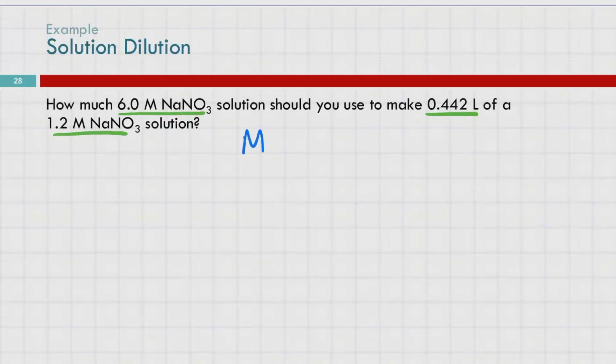So our equation that we use solely for solution dilution is, again, M1V1 equals M2V2. If we had a P there instead, that would be Boyle's law. And just like with our simple gas laws, the important part here is that we don't get our numbers mixed up. We've got two capital M's, 6 molar, 1.2 molar. Which of those goes with 0.442 liters?